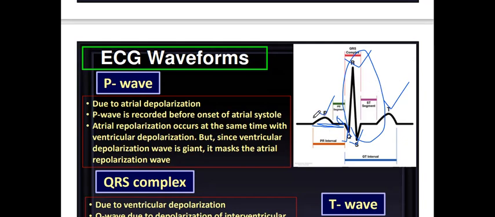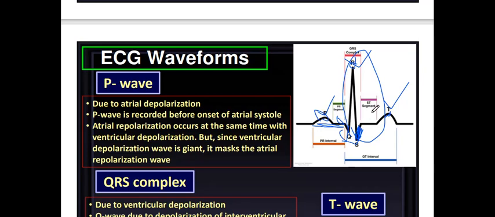And here are the segments. P to R is one segment, because P is also a peak level, and R is also a peak level. Next, S to T, because S is also a peak. This is the S wave, and this is the T wave.